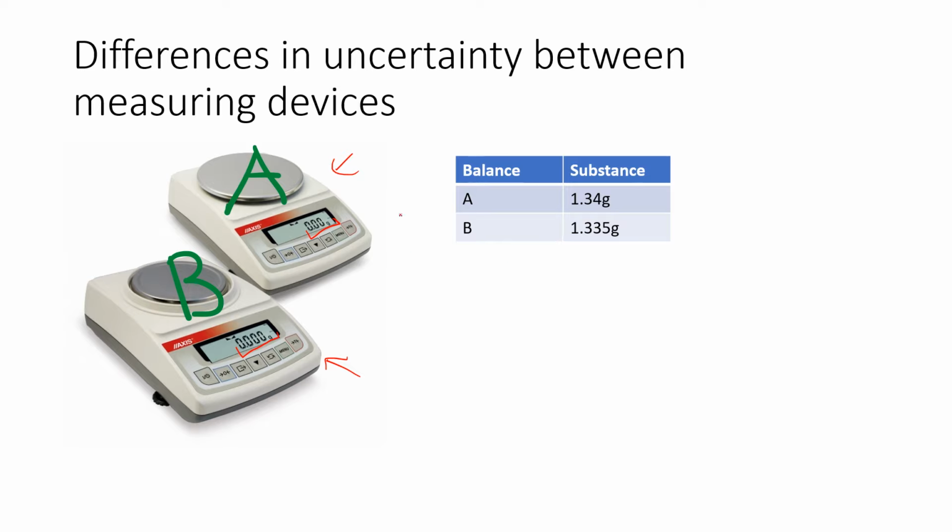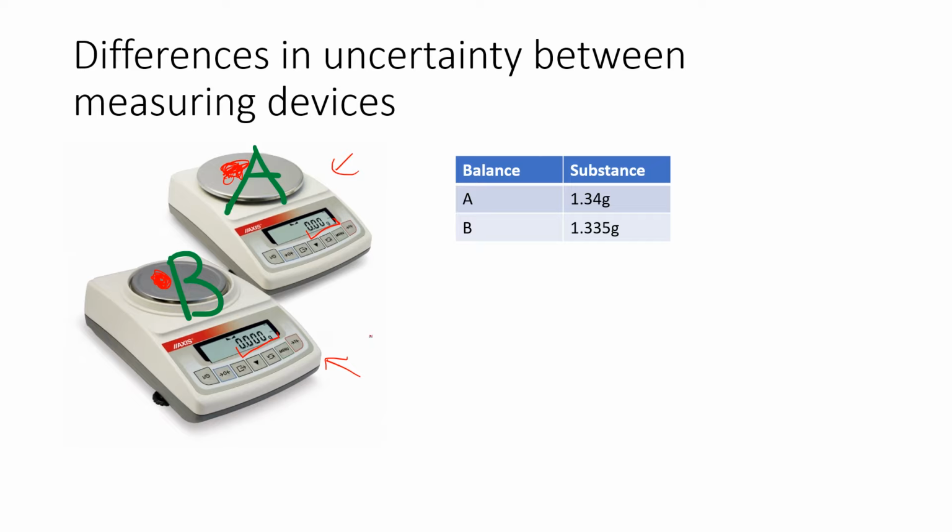So let's say you put the same amount of substance on both of these balances, the exact same amount. Let's say they're identical theoretically. And balance A shows 1.34 grams, says that this red substance weighs 1.34 grams. Balance B says that the substance weighs 1.335 grams.